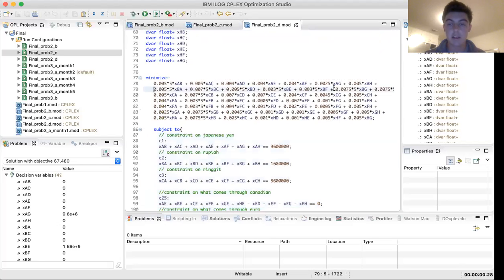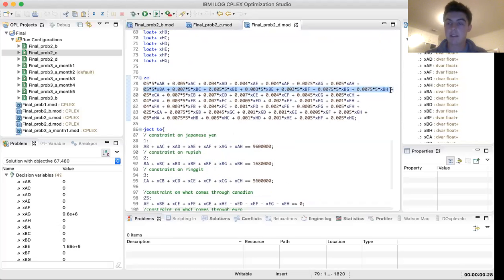However, as you see here, the transactions that involve rupiah, which is my variable B, so B to A, B to C, B to D, B to E, B to F, B to G, are multiplied by 5. You're increasing the transaction cost percentage by 500%. So you're multiplying the transaction percentage by 5.